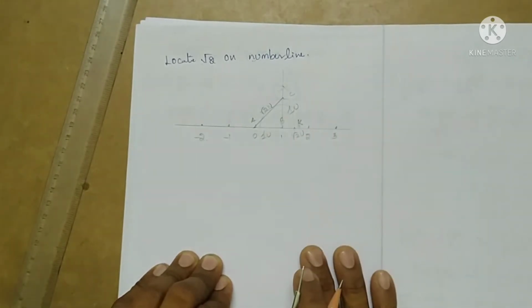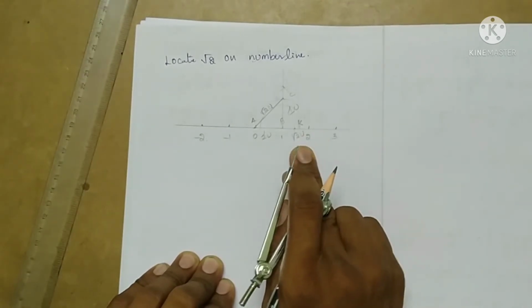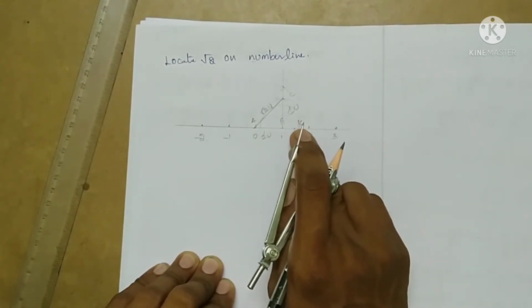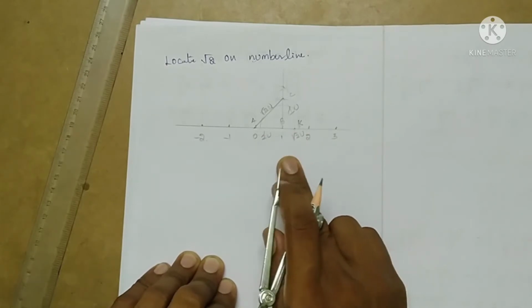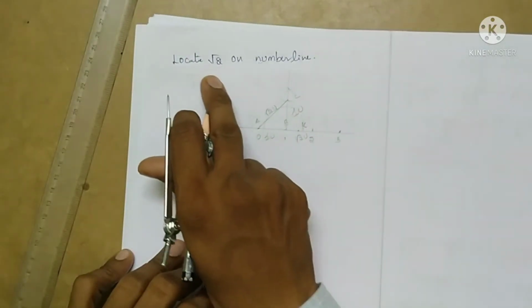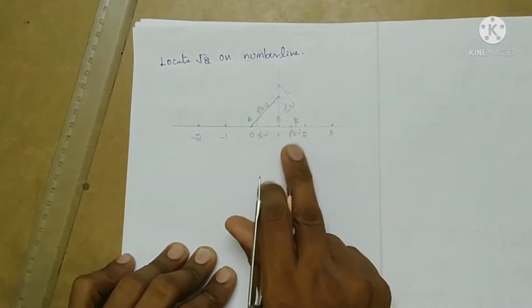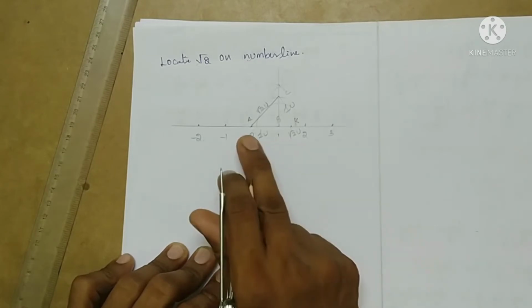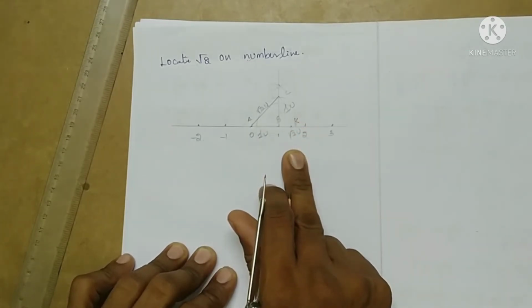This K is called root 2. Right? So our problem is to locate root 2 on the number line, and this K is root 2.